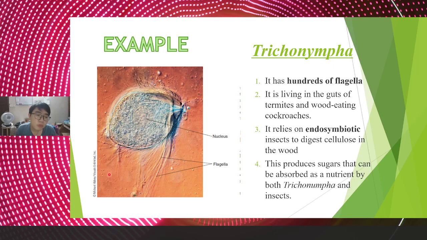This is the figure under the microscope. It looks like this. It has hundreds of flagella. If you see this cell at the anterior end, there are very many flagella. It is not just one, it has many, hundreds of flagella.